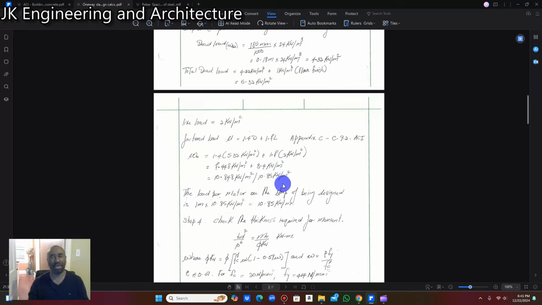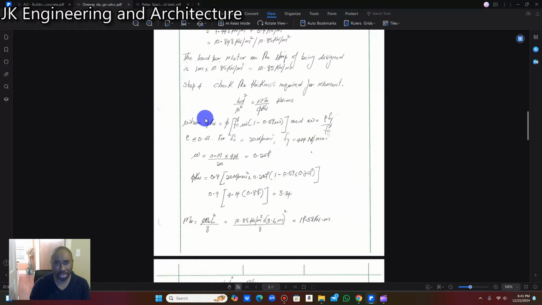So our factored dead load and live load comes up to 10.85 kilonewtons per meter square. All right, so step 4, we're going to check the required thickness of the slab for moments.